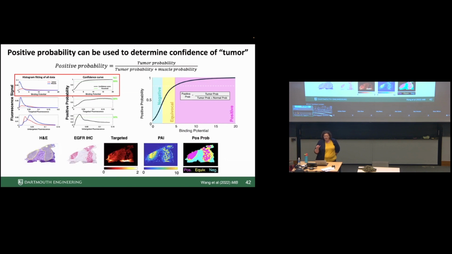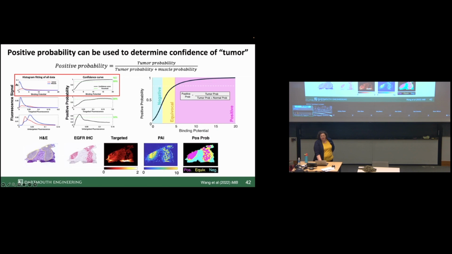Okay, so that is for thick tissue, but we've also been looking at very thin tissue slices, and we've been using a value called positive probability. In that thick tissue, we were able to do really accurate diagnosis by just using the maximum tumor signal, or the maximum signal in the entire tissue.